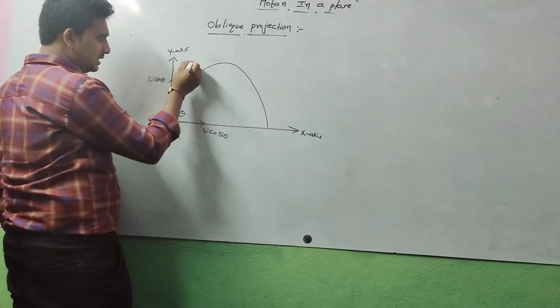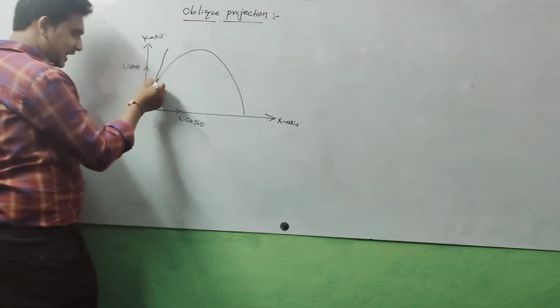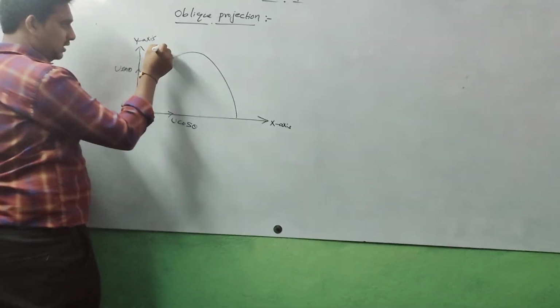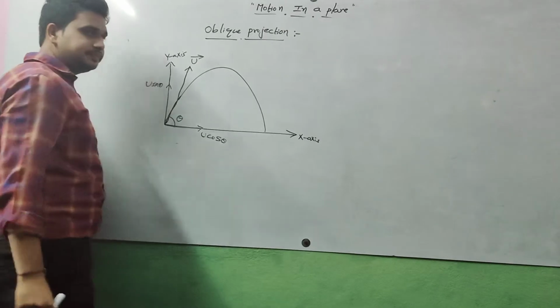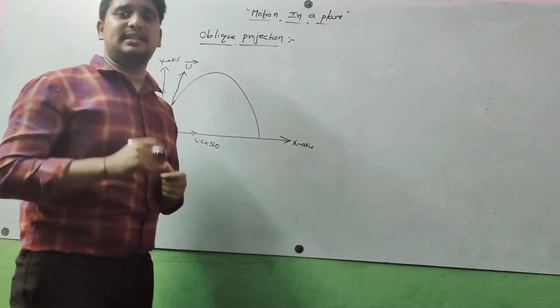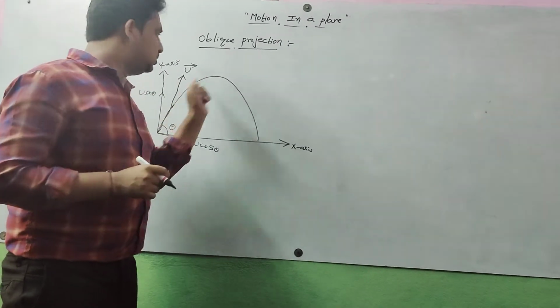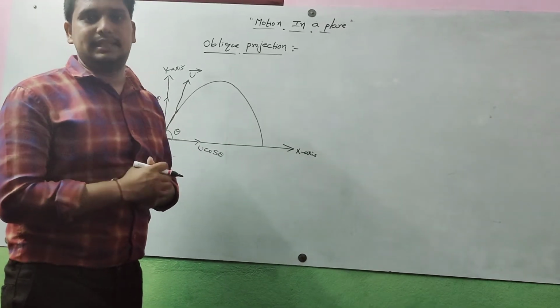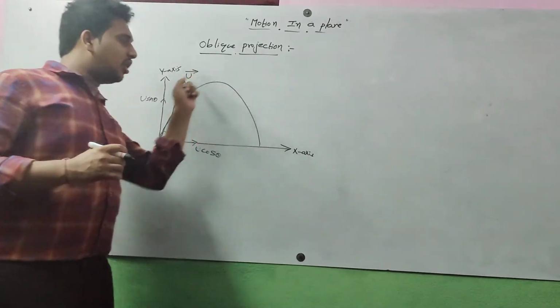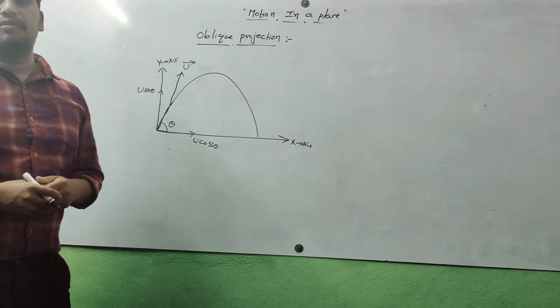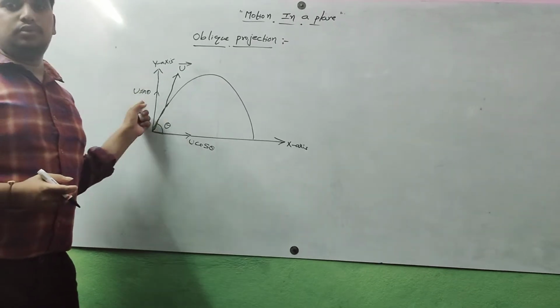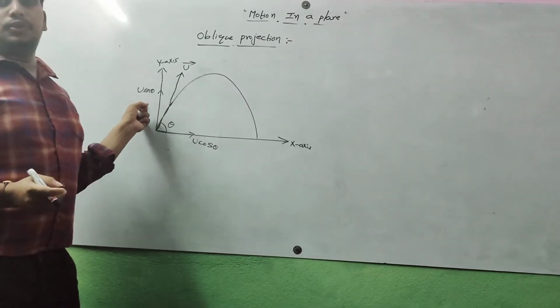What is the direction of velocity now? The tangent drawn to the curve gives the direction of velocity. What is meant by tangent here? The touching line to the curve is called tangent. So the tangent drawn to the curve represents the direction of velocity, that is resolved into two components, u cos theta and u sin theta.